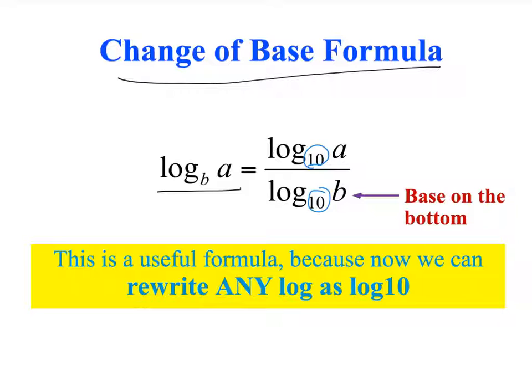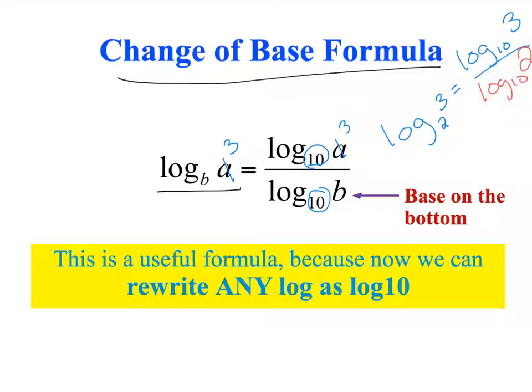Okay, so let me just quickly, off to the side here, write an example. Say I have log base 2 of 3 and I want to change it to a base 10. It would be log base 10 of 3. So in my example, A is 3, so 3 goes up here, over log base 10 of 2.